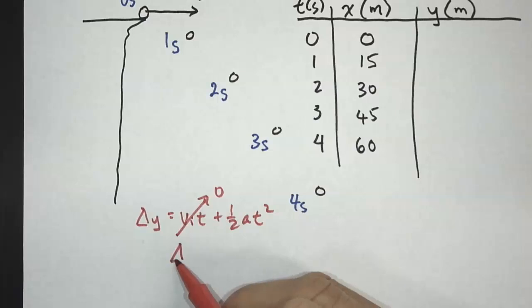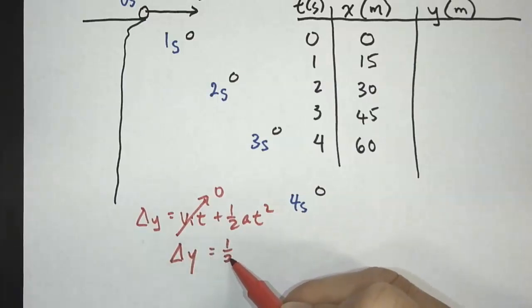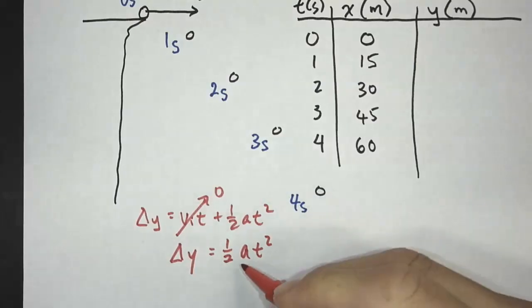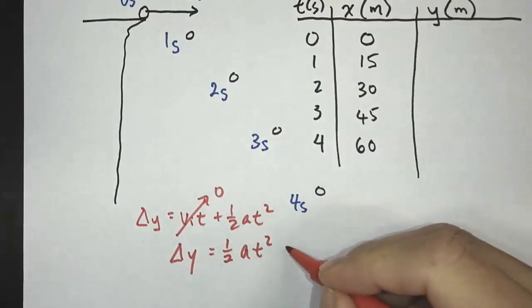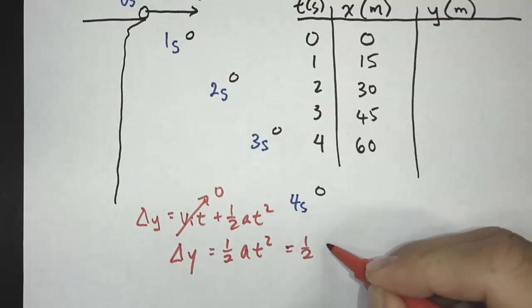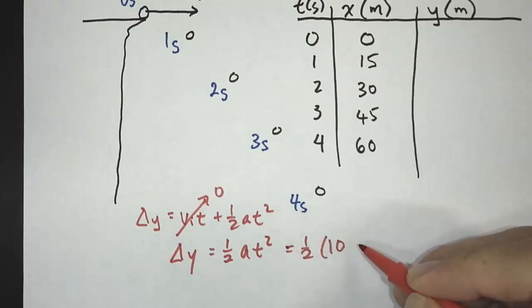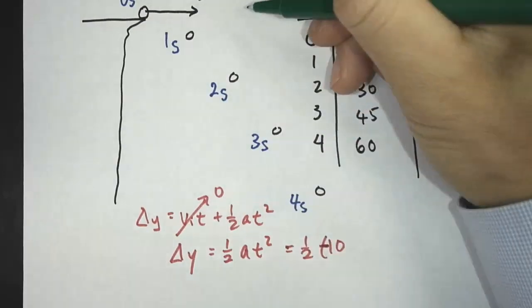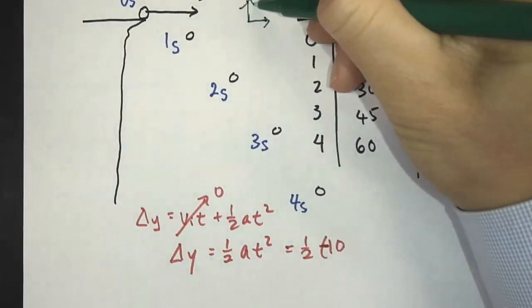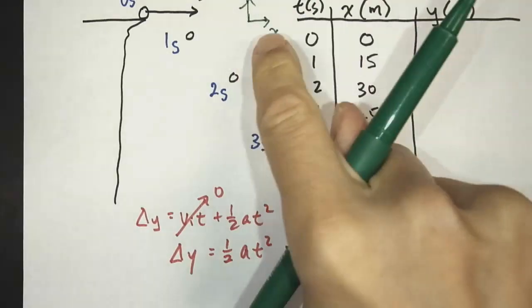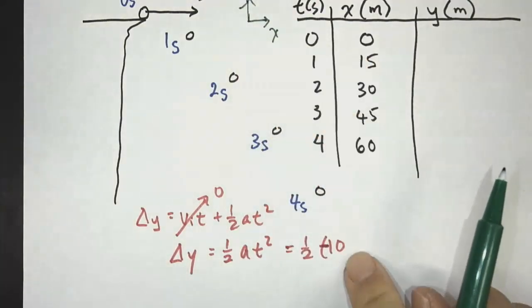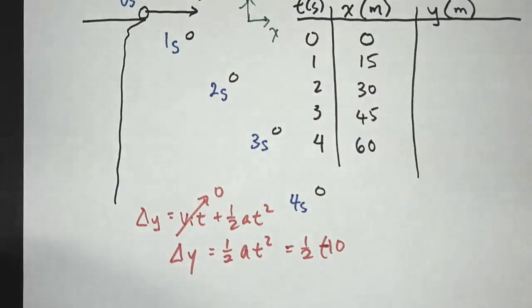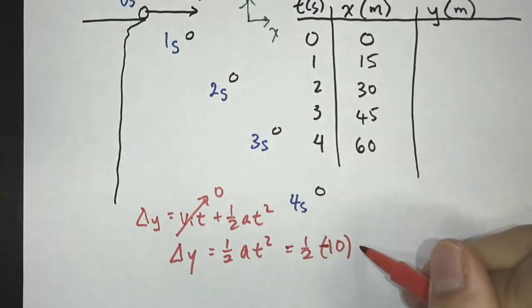Then we end up with delta y equals 1/2 a t squared. Now a is just going to be 10, so I get 1/2 times 10. And it's going to be negative because I'm making right positive and up positive. If I made down positive, this would be a positive 10, but because I made up positive, this is a negative 10 times t squared.